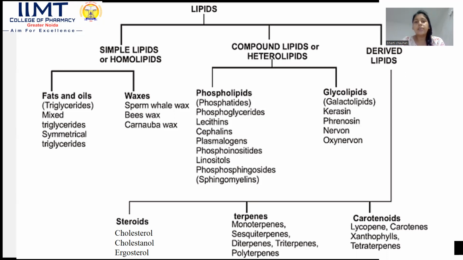Phospholipid contain a phosphate group in its structure, which is an additional group rather than fatty acid and glycerol or alcohol. So examples are phosphoglyceride, lecithin, cephalins, and one of the examples is glycophospholipids, which are present in cell membrane. Sphingophospholipids are present in myelin sheath.